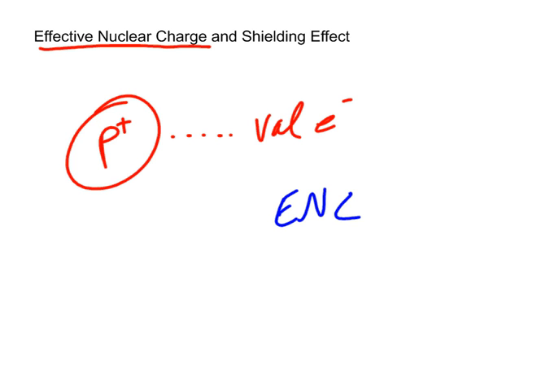The ENC is going to be equal to Z, which is the atomic number, so the number of protons, minus the number of core electrons. So you're thinking, well, how do I determine the number of core electrons? Well, that's what we have the electron configurations for. If we have the electron configurations, then we should be able to determine the number of valence electrons that an atom has.